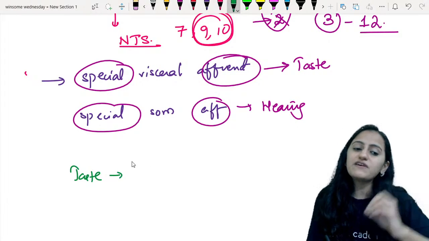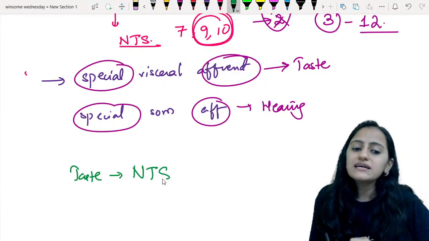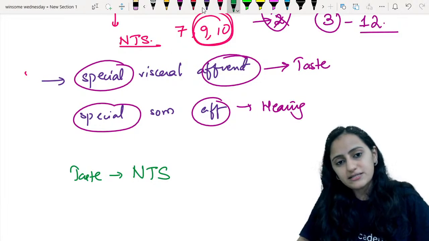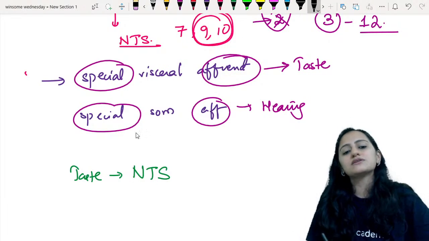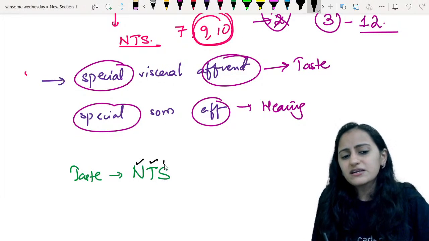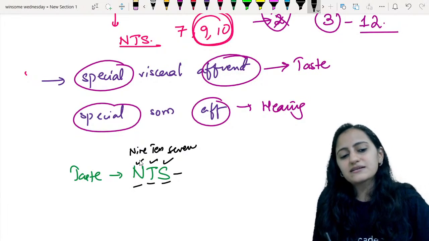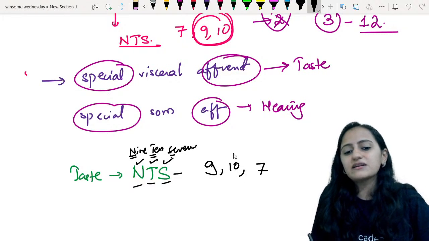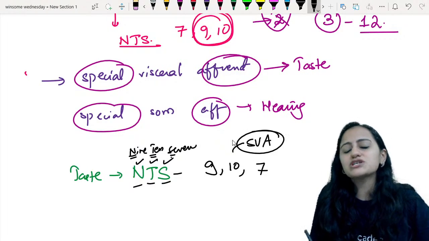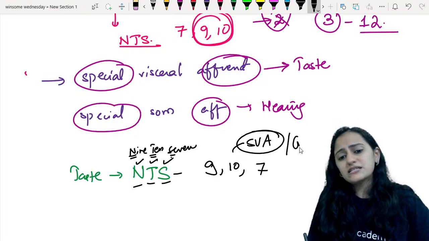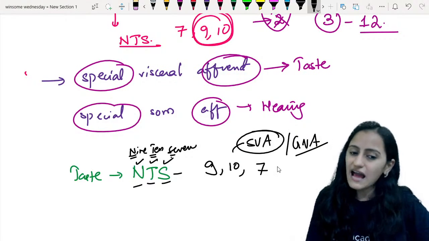Taste fibers finally go to your nucleus tractus solitarius. Which are the cranial nerves in nucleus tractus solitarius? The term itself tells you 9, 10 and 7. So 9, 10, 7 become your special visceral afferent, similar to your general visceral afferent.